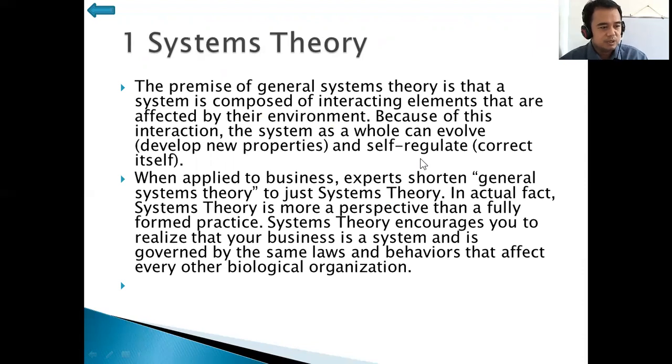So systems theory is composed of interacting activities, because there are different activities. If you will be a manager, these interacting activities should be well planned. Create a system in order to correct.